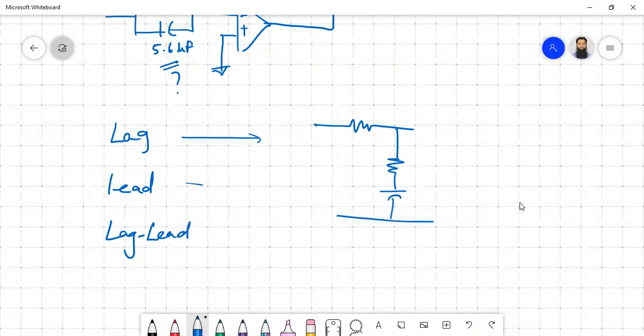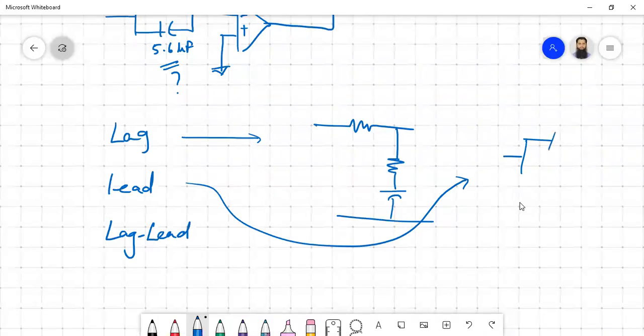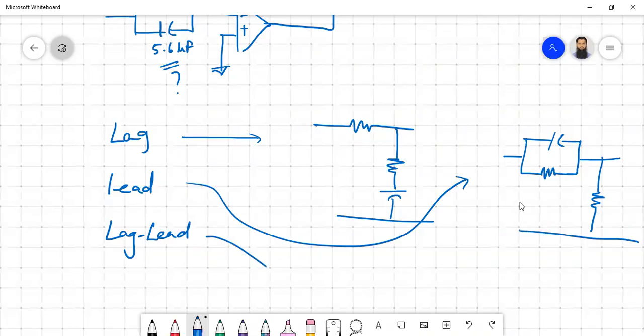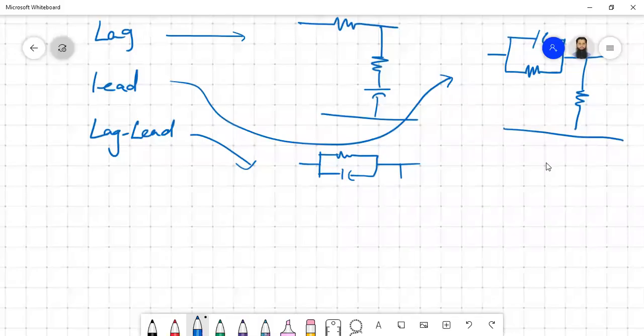As you have noticed, for the derivative term, you have to have a capacitor and the resistor in parallel. Then you have a resistor here. Okay, and lag-lead, the combination. So both derivative and integral parts will be there. The derivative is a resistor and the capacitor in parallel, and then for the integral part, the resistor and the capacitor have to be in series.